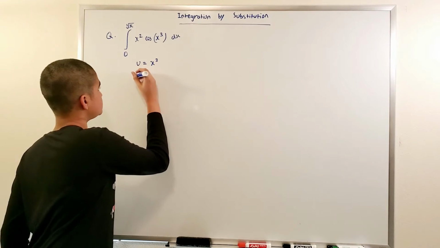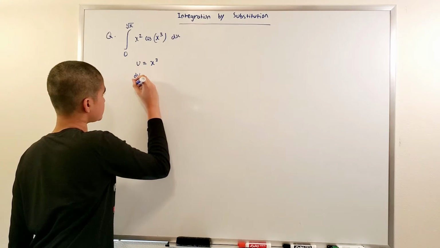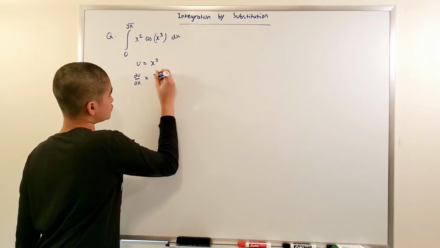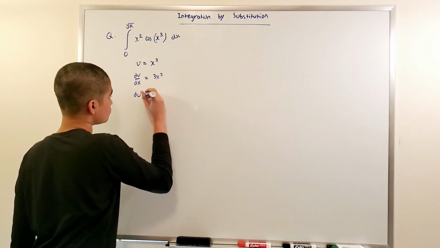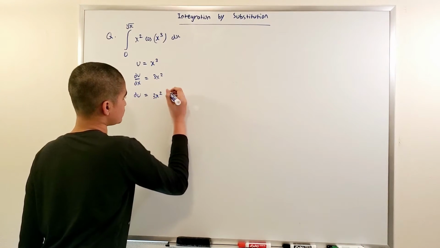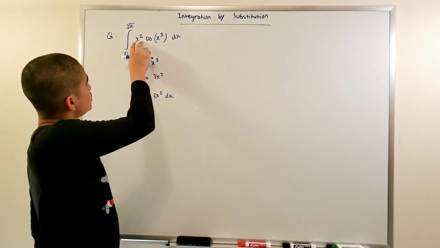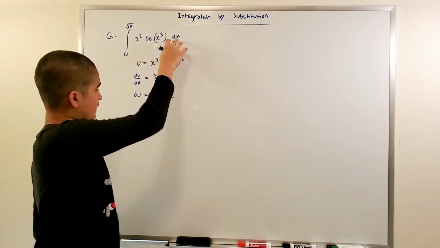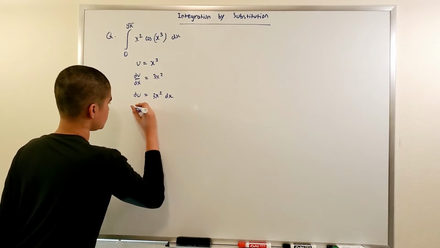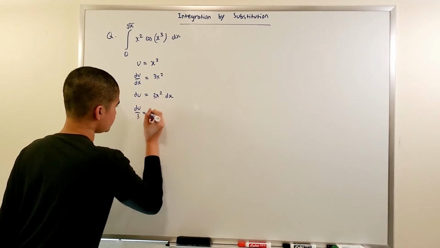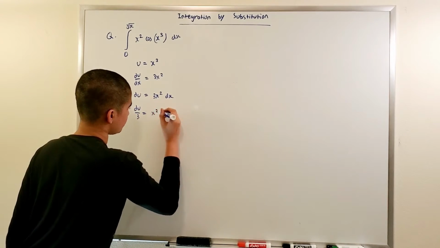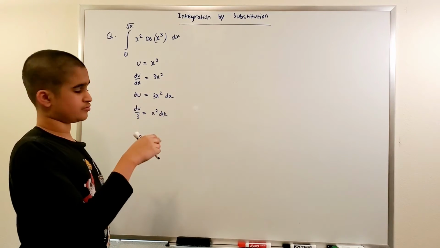Differentiating both sides, we get du by dx is equal to 3x squared, and du is equal to 3x squared times dx. Now notice here, we want x squared times dx. So we can write this as du over 3 is equal to x squared times dx.